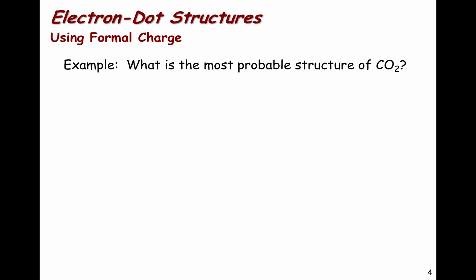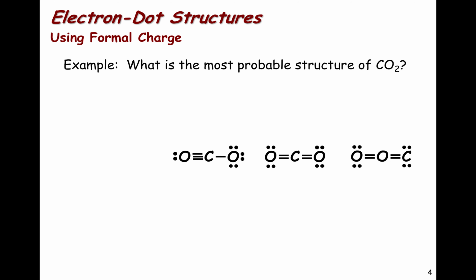As an example of how to use formal charges to determine which of several possible Lewis dot structures is going to represent the best description of bonding, we're going to consider carbon dioxide. If we look at the three possible Lewis dot structures shown here, each of these is possible in terms of satisfying the octet, but we need to examine the formal charges for each of the atoms in the structures and see which one produces the least amount of formal charge.